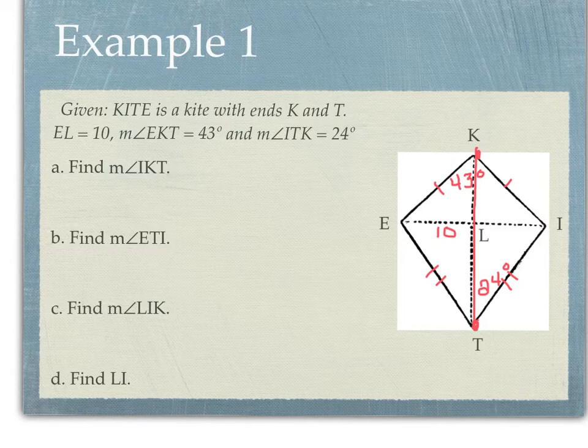Okay, so IKT would be from I to K to T. So that's looking for this angle. What do I know about this angle? It's going to have to be 43, because these two are going to be equal to each other. This is a line of symmetry. So this would be 43 degrees. Okay.